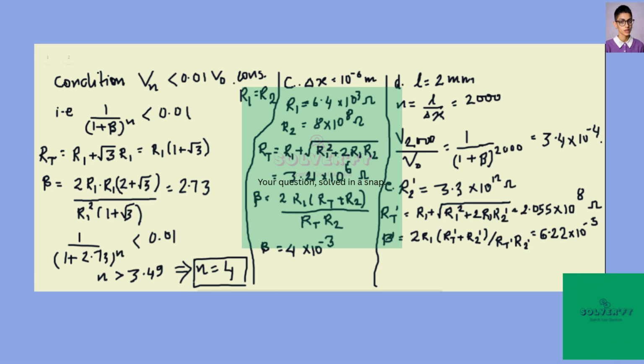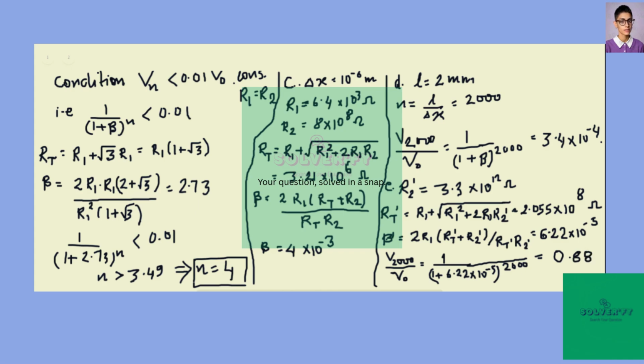Okay, so to calculate the attenuation, V2000 upon V naught is equal to 1 upon 1 plus 6.22 into 10 to the power minus 5, powered 2000, which turns out to be 0.88, right?